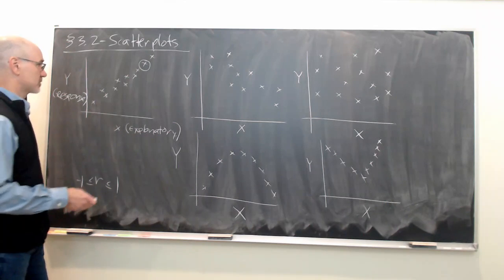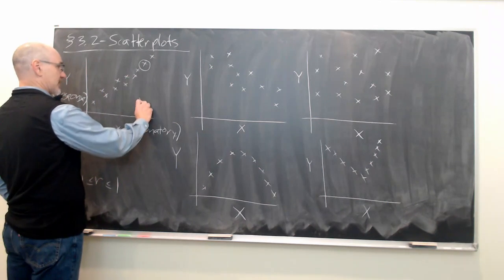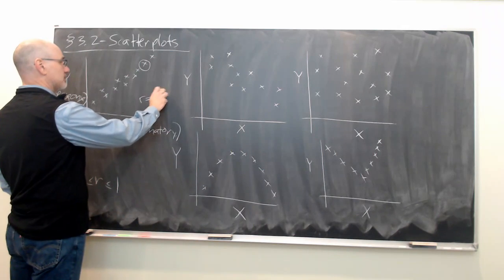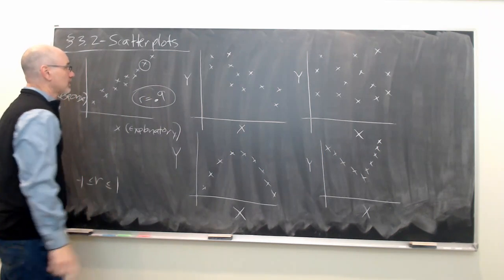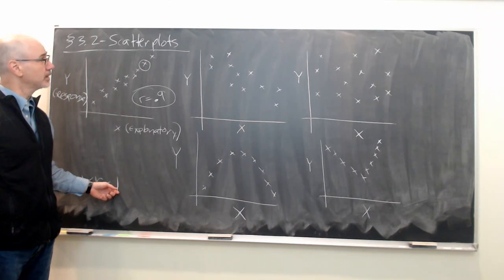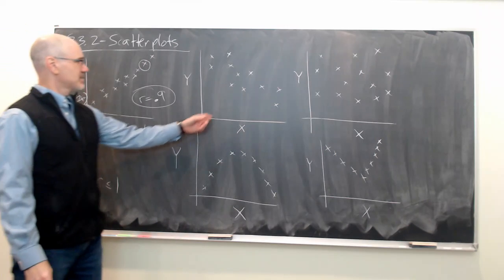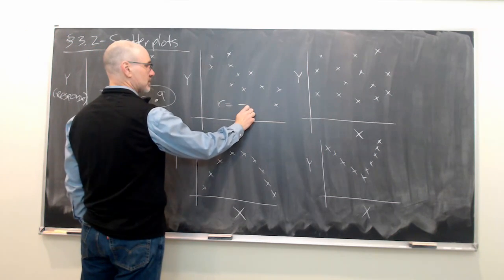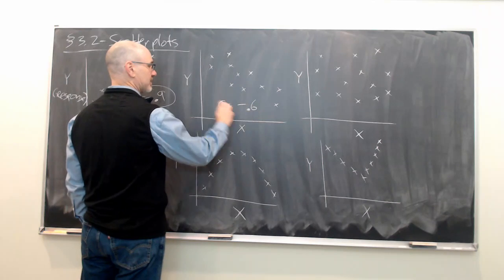Now, if we were just going to eyeball these and assign a value of r, this first one's probably like a 0.9. That's a really strong positive linear association, so we would expect it to be close to 1. This next one is weaker, seems roughly linear, but it's negative, so something like a -0.6 maybe.